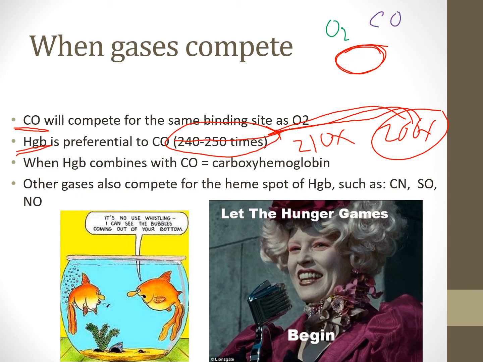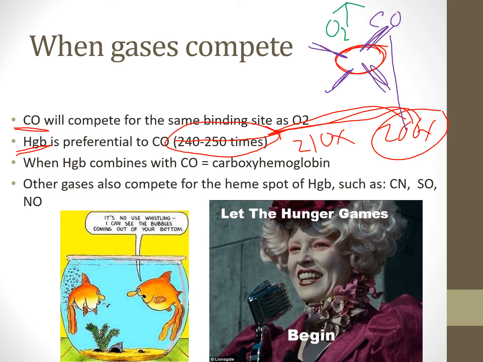If the hemoglobin sees this, one of these is much more attractive, and so therefore it's going to take up the binding sites on that molecule. So it thinks it's prettier. It thinks that it wants to be bonded to the carbon monoxide much more than oxygen. Boo, right? Sad times.